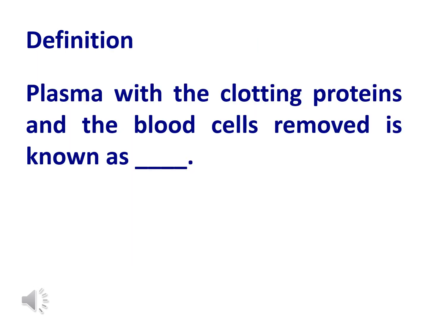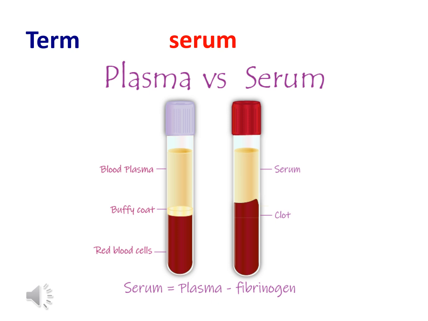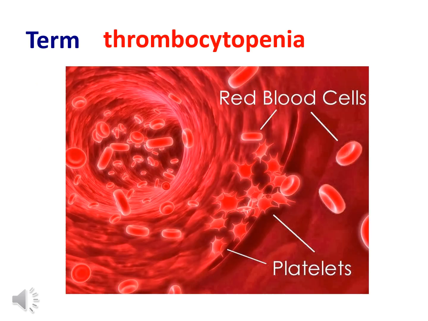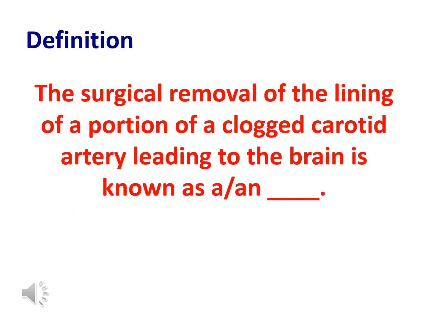Plasma, with the clotting proteins and the blood cells removed, is known as? That is called serum. Having an abnormally small number of platelets in the circulating blood is known as thrombocytopenia. The surgical removal of the lining of a portion of a clogged carotid artery leading to the brain is known as?